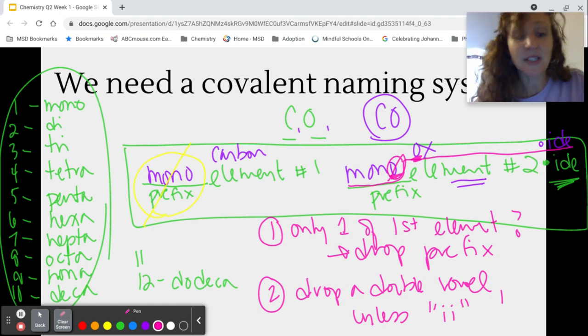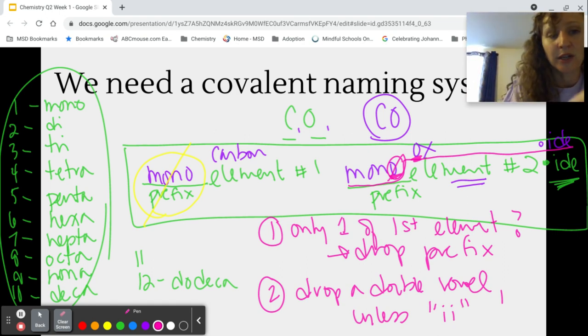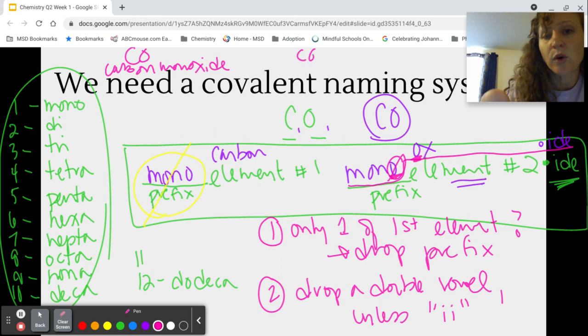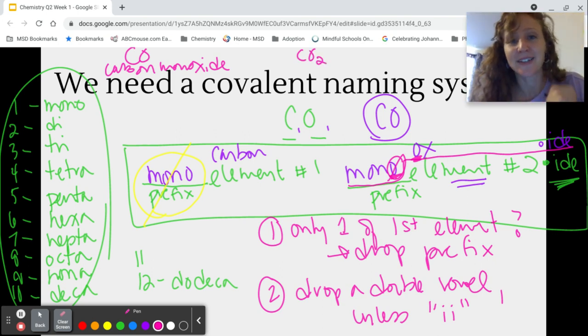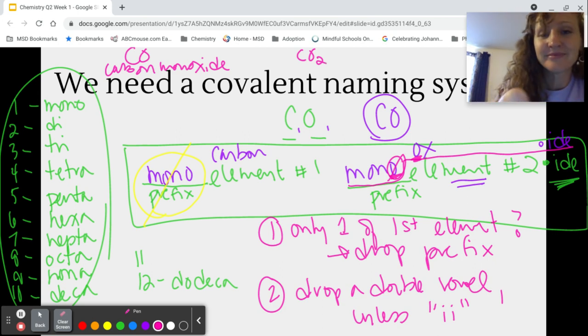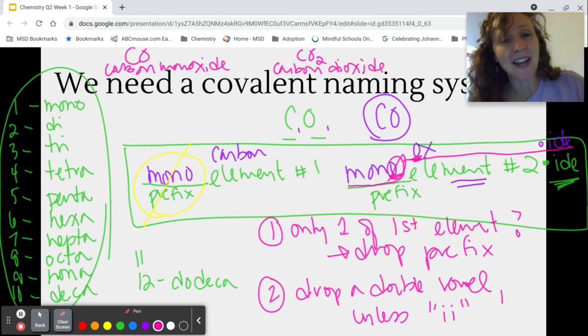So now let's go back and look at the three. We know that CO is carbon monoxide. So what is CO2? Go ahead and name that. And if you said carbon dioxide, you would be correct.